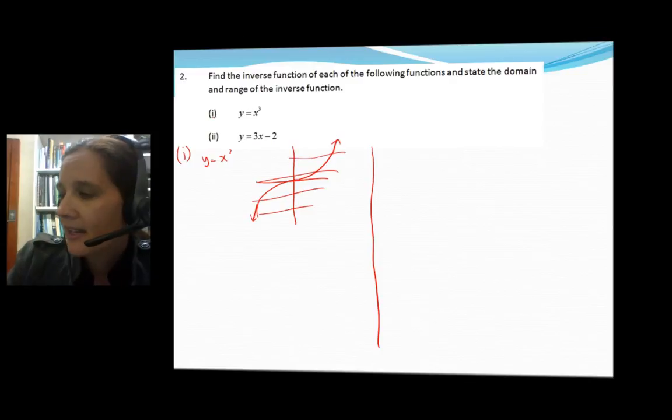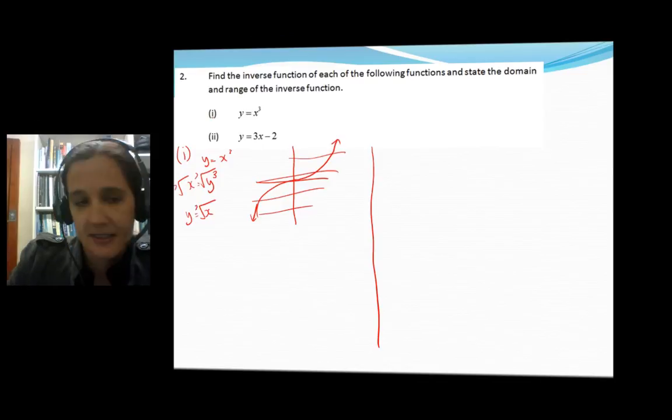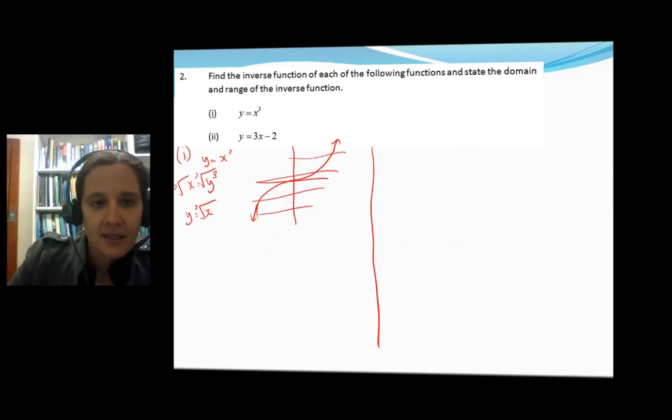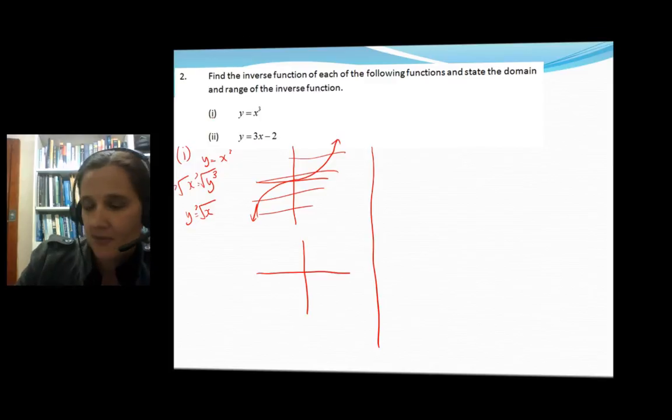So if we find our inverse, we say x is equal to y cubed. So we take the cube root of both sides. y is equal to the cube root of x. Now we think about this curve, the cube root of x, and we end up with this shape here.